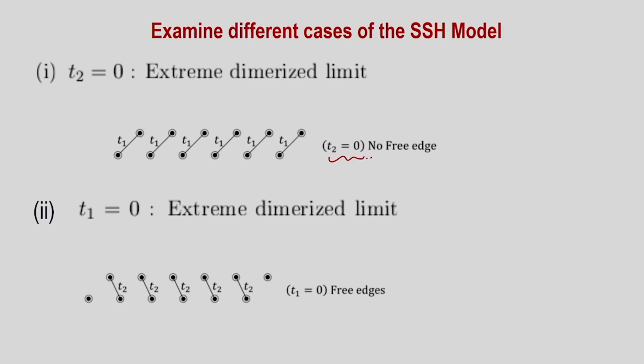Now, if you take the other extreme dimerized limit, which means that T1 equal to 0, that is, this hopping is equal to 0, then you get a form which is like this. Again, there are dimers, but there are two important differences here which are not there in the earlier picture.